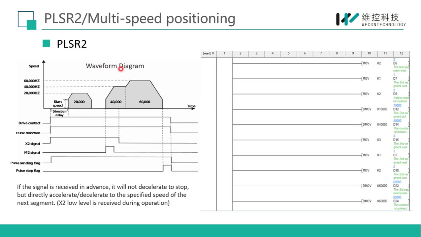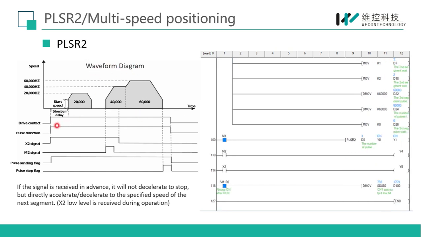So the waveform diagram will be like this. When we trigger M1, first it will output 20,000 pulses, and then waiting for the M2 signal, it will continue to output 40,000 pulses.